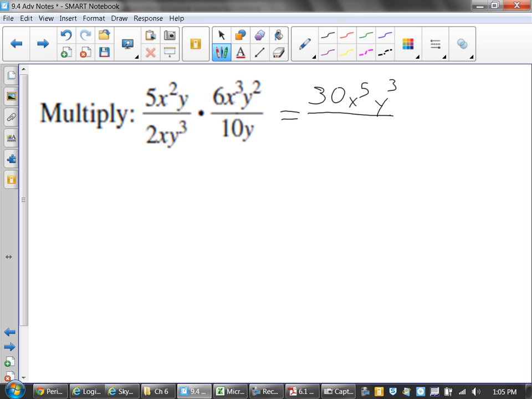Denominator: 2 times 10. I have just the x and y to the 4th. The next step from there was then to simplify out, and this is when you would have to play that game of war. Remember that? Who wins, that's where the values are going to stay. Now, the real tough one here is 30 over 20.